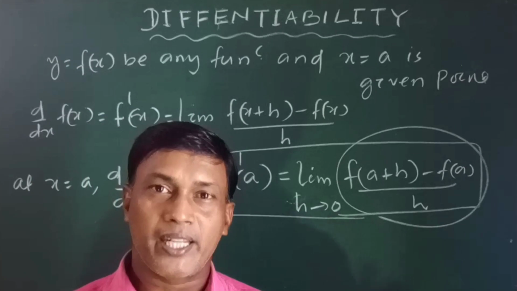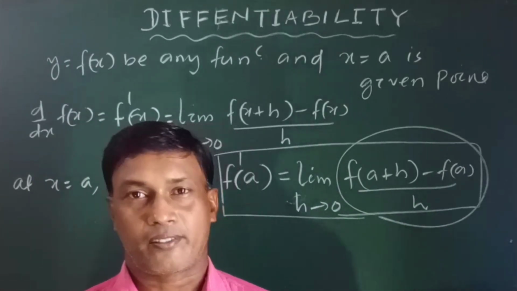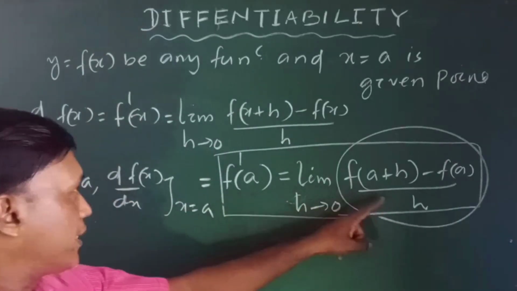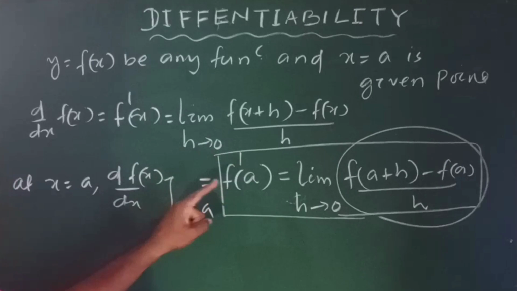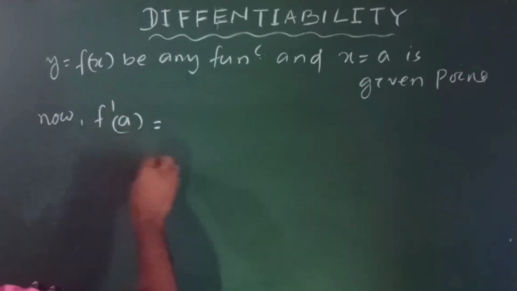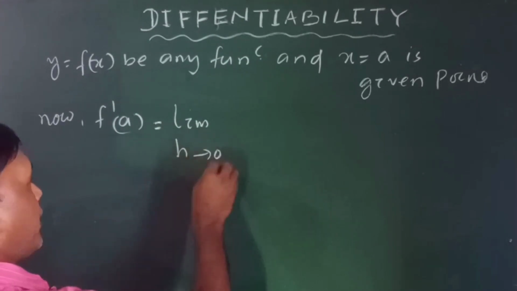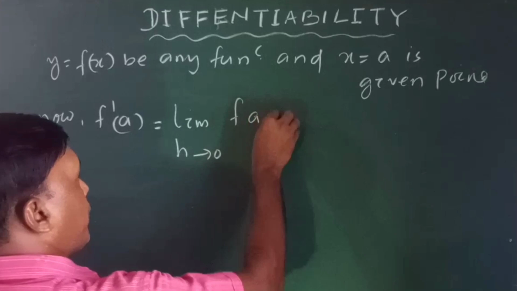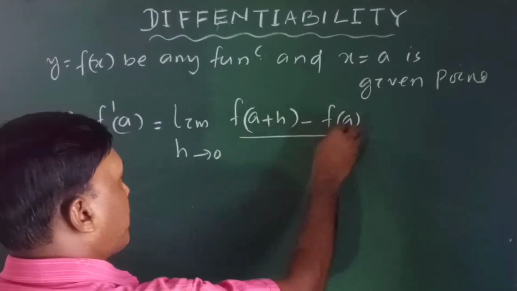It is the test of whether the function is differentiable or not. So if the limit exists, then the derivative exists, which means the function is differentiable at x is equal to a. Now f dash a is equal to limit h tends to 0, f of a plus h minus f of a, by h.